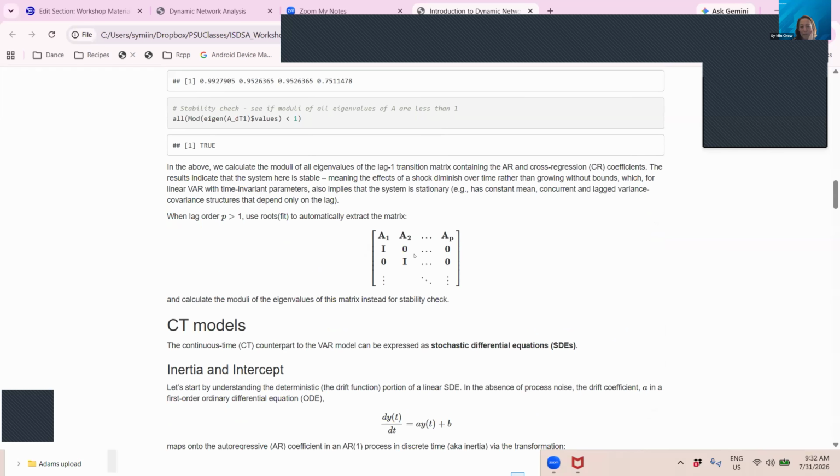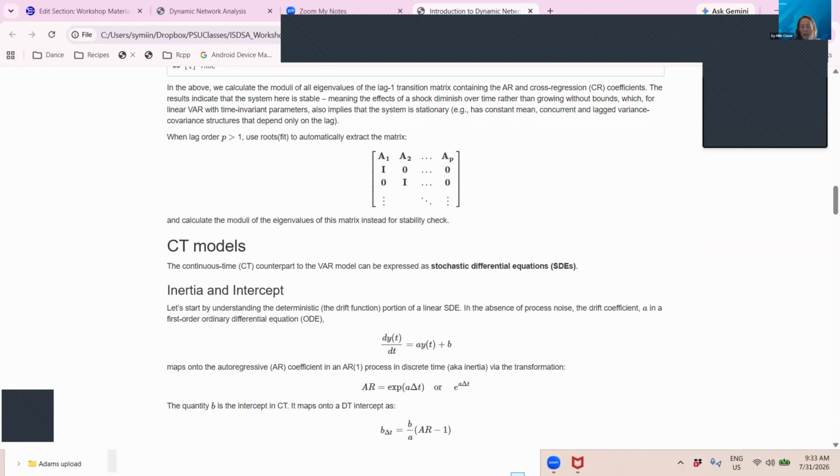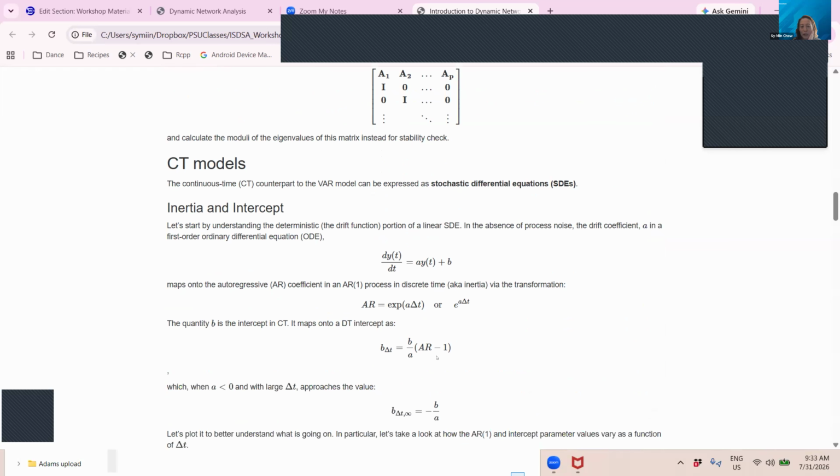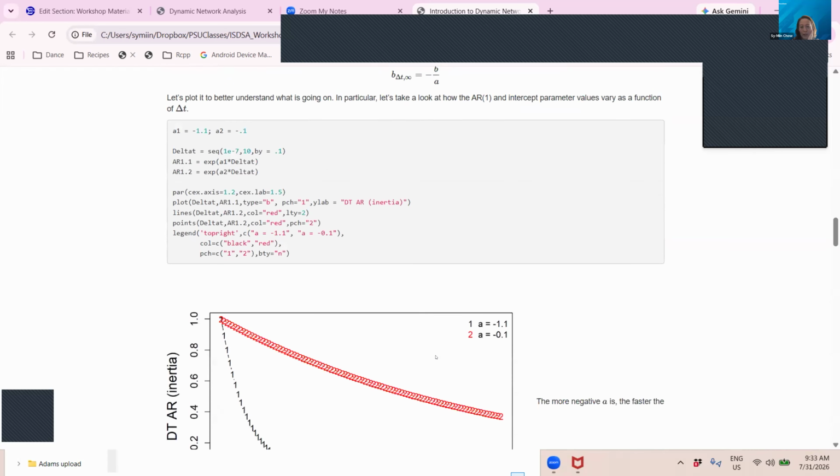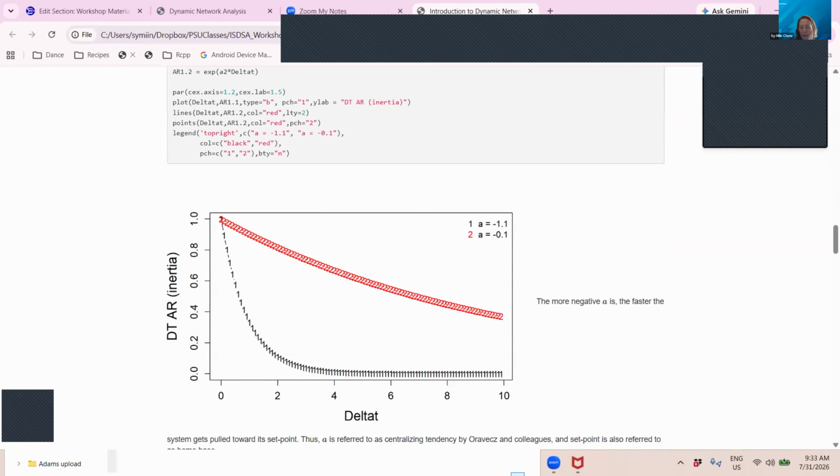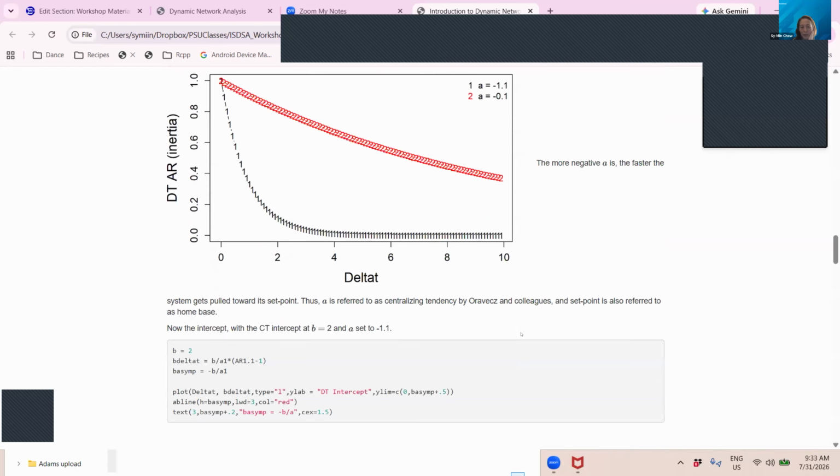What happens if you have higher lag order, and then talking through continuous time models, what the intercept means, and how a system can regulate towards some set points.